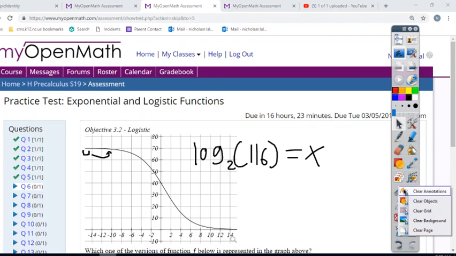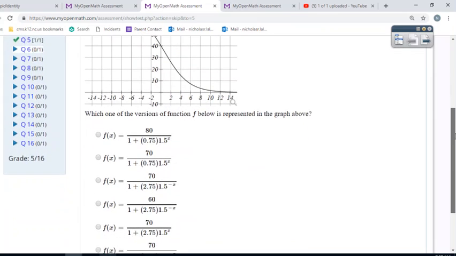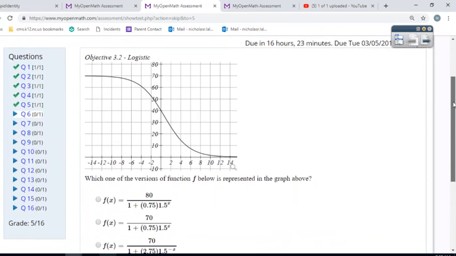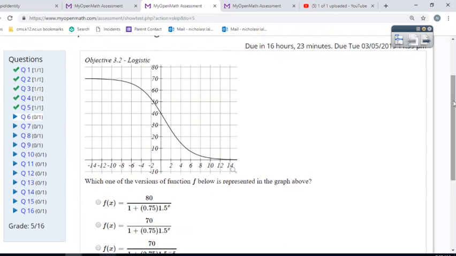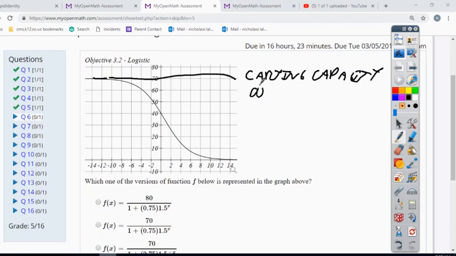Alright, we have a logistic function. Which one of the functions below is represented by the graph above? I see that our carrying capacity is at 70, so you have your horizontal asymptote at y equals 70.